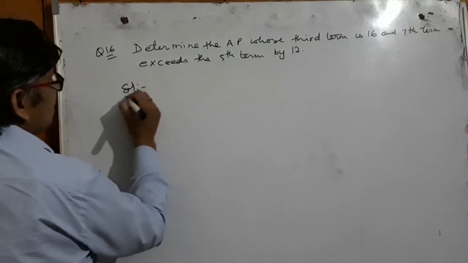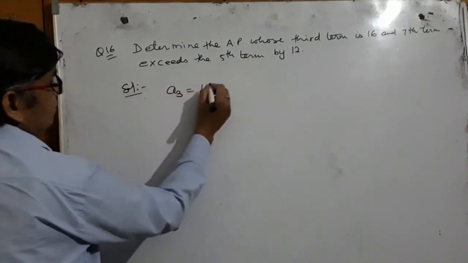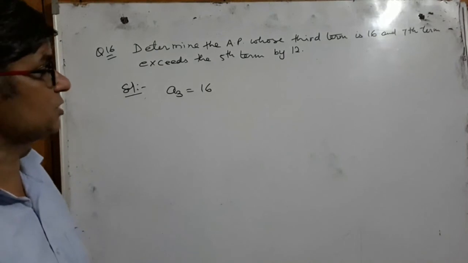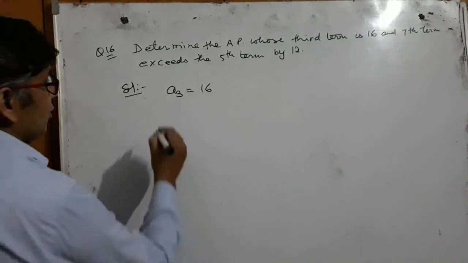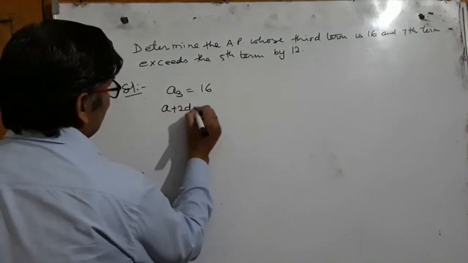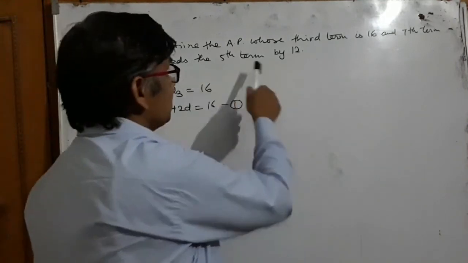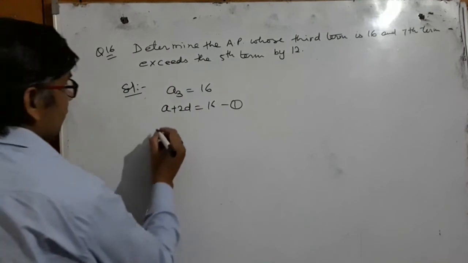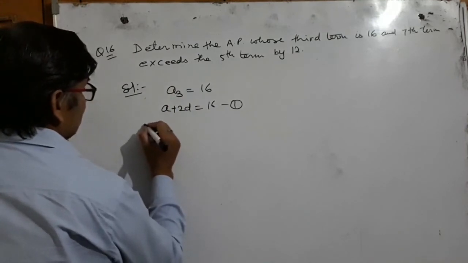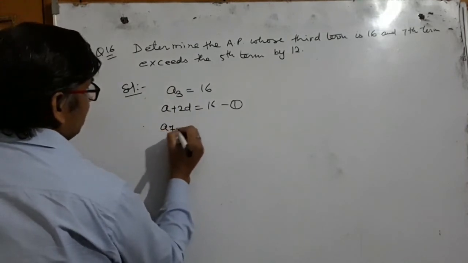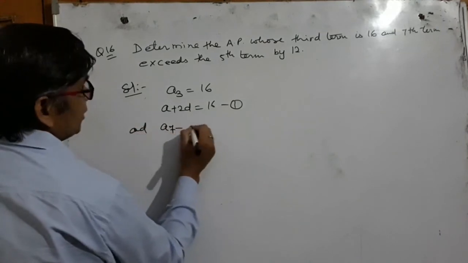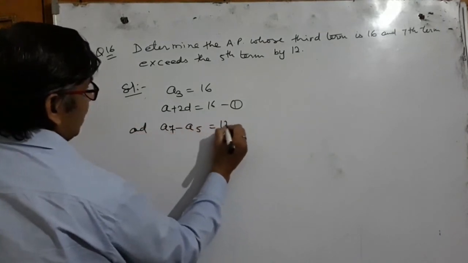Third term is 16 means A3 is 16. So A plus 2D equals to 16. This is equation 1. And the seventh term exceeds the fifth term by 12. A7 minus A5 is 12.